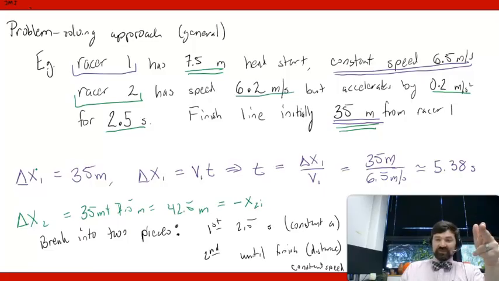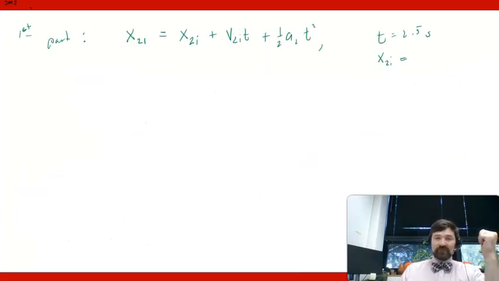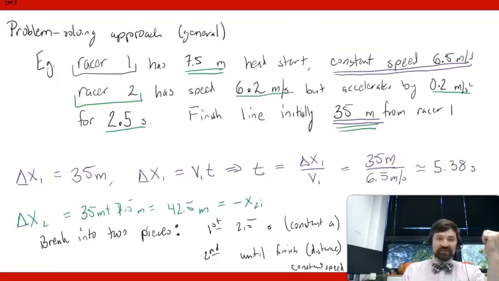They're moving towards the finish line, so v is positive, a is positive, and x initial would therefore be negative in this case. So that's negative 42.5, and of course v2 initial is the 6.2 meters per second that he has initially.